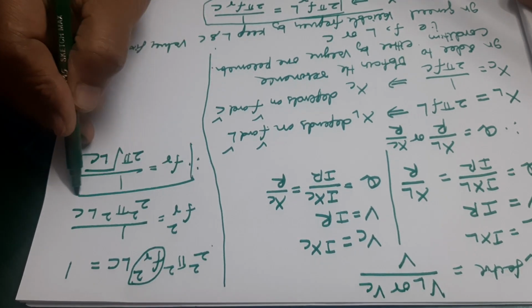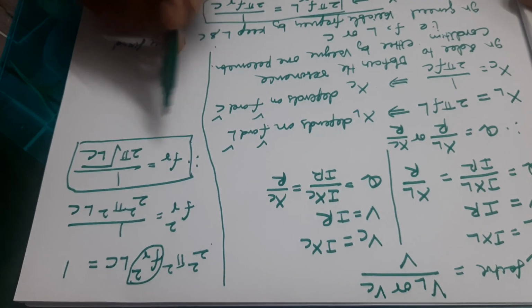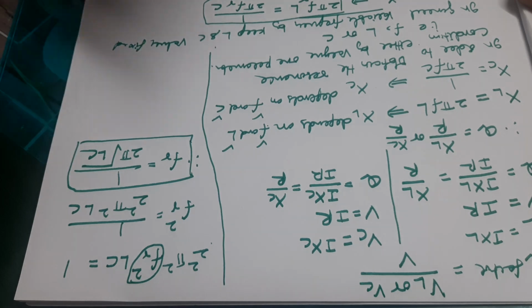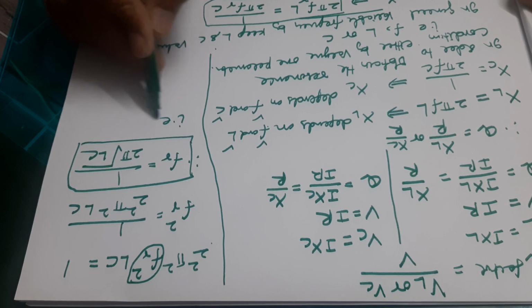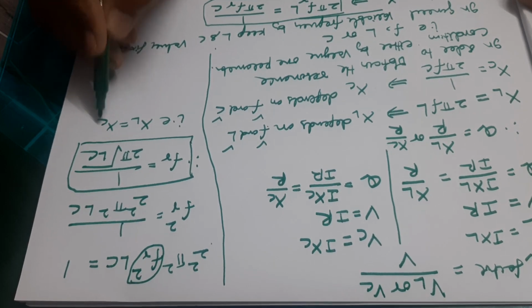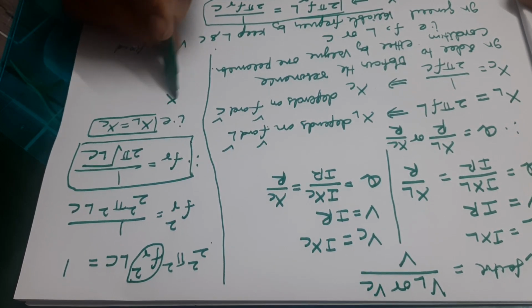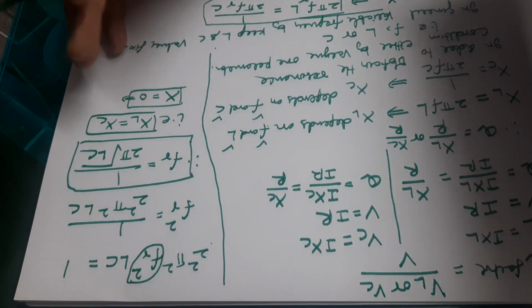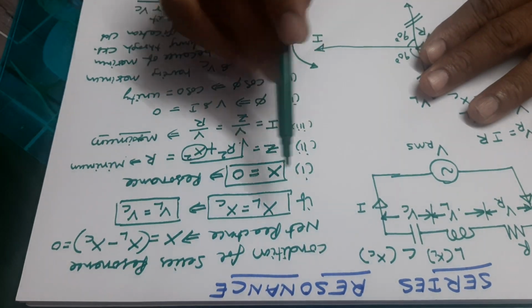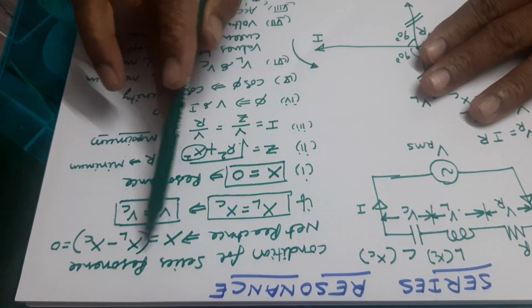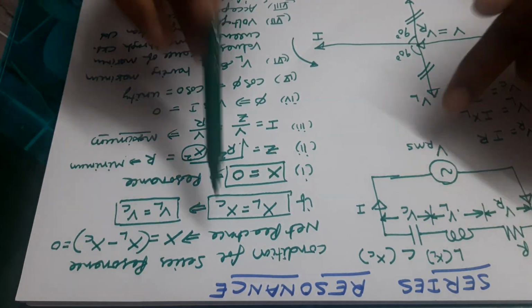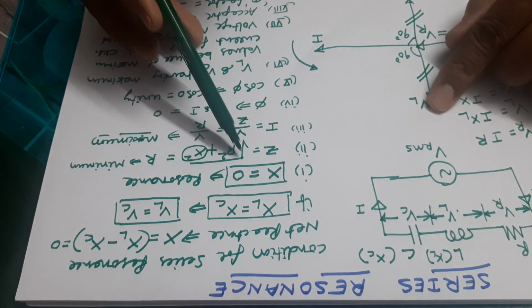So what this equation specifies is the resonance frequency, the frequency at which the value of XL matches with XC, that is, net reactance becomes 0. In the first statement, the condition for series resonance is nothing but net reactance is 0. Once the net reactance is 0, all these things will happen.